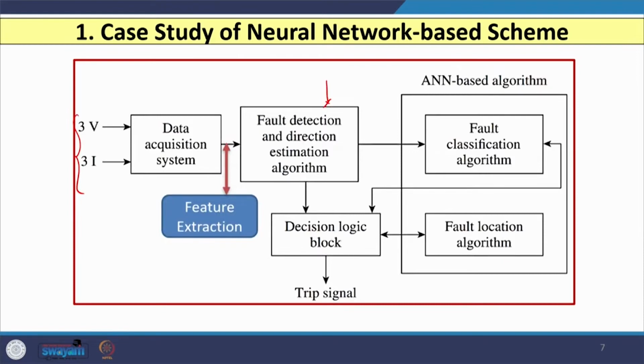Once it is confirmed that the fault is a forward fault, then we also have to simultaneously check whether the fault is actually there or not, or whether it is some abnormal condition. So, whether the fault is actually there, and if it is there, whether it is in the forward direction or not, is confirmed by this block.